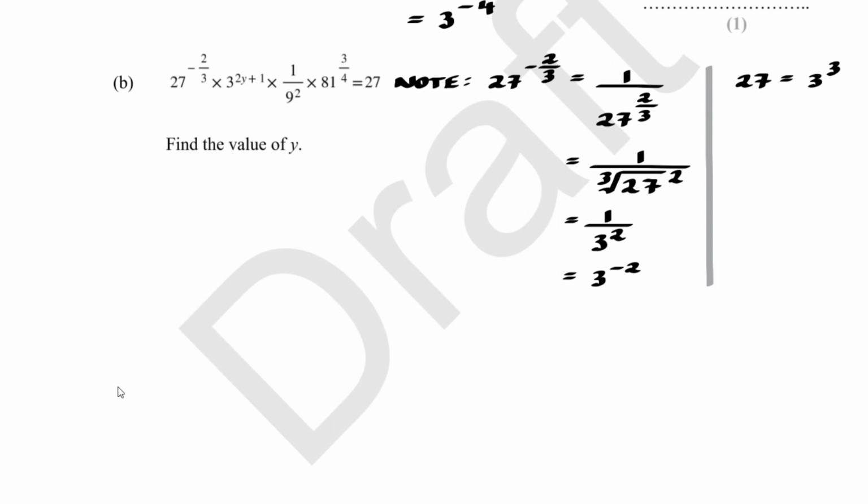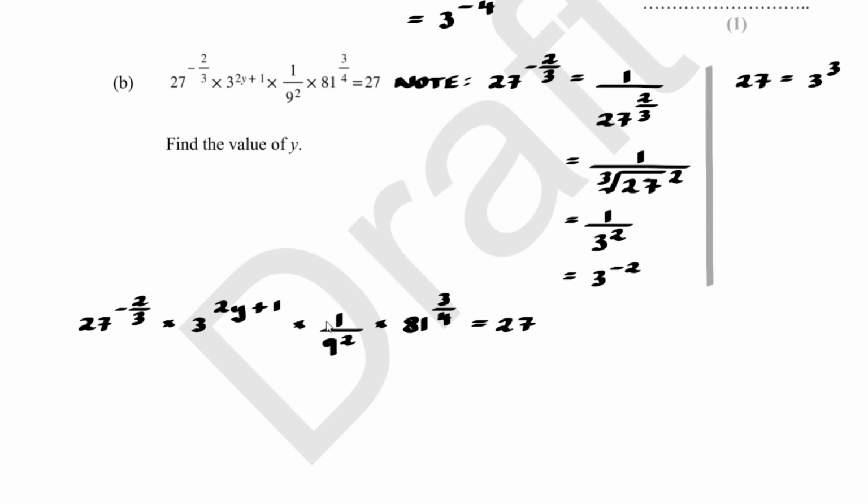So we have 27 to the negative 2/3 multiplied by 3 to the 2y plus 1 multiplied by the 1 over 9 squared multiplied by 81 to the 3 over 4, which is equal to 27.